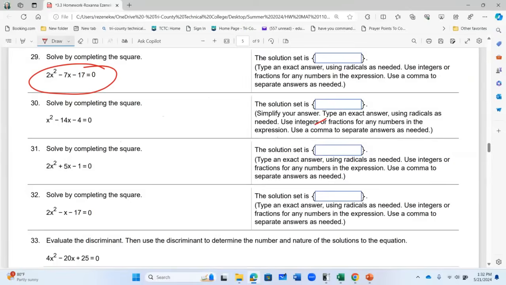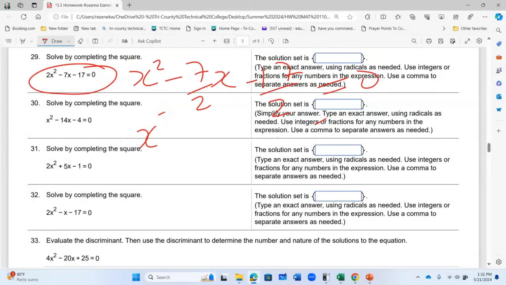So the first thing you want to do is to divide all through by the leading coefficient. And that's what I'm going to do here now. Divide all through by the leading coefficient. I have x squared minus 7 over 2x minus 17 over 2, divided by 2, is equal to 0. Next thing I'm going to do is throw the constant to the right-hand side.